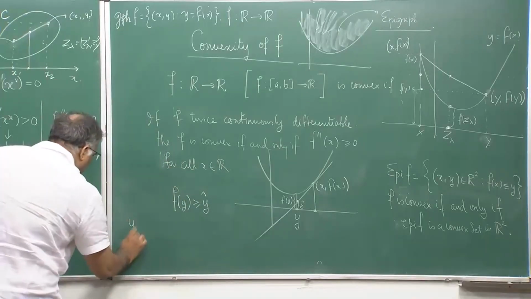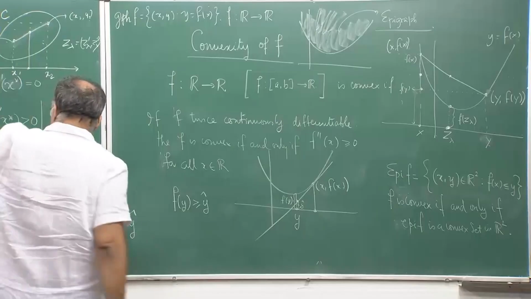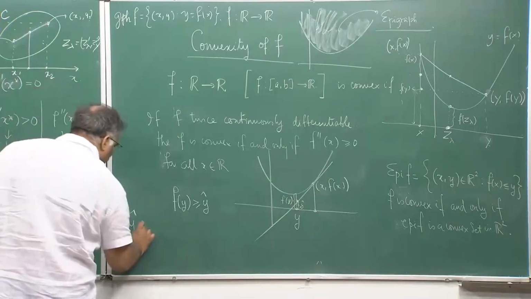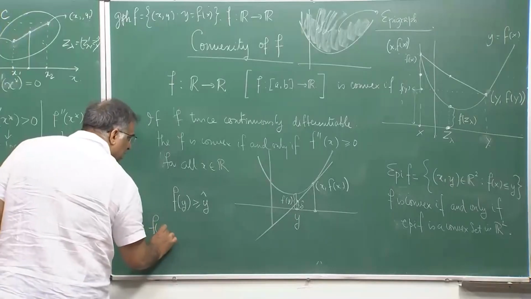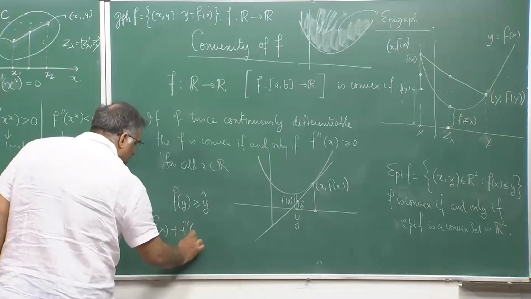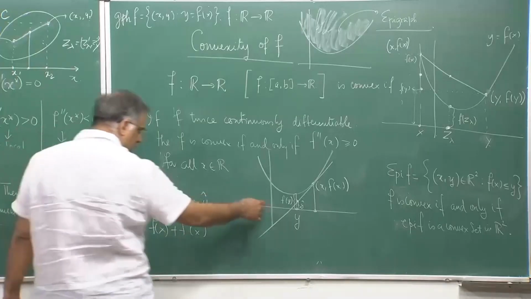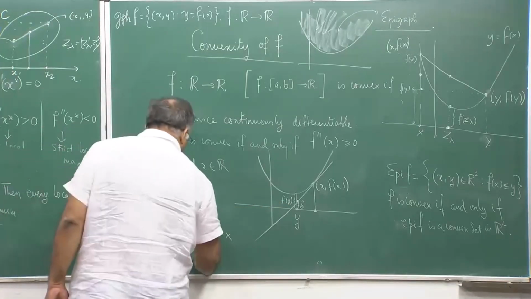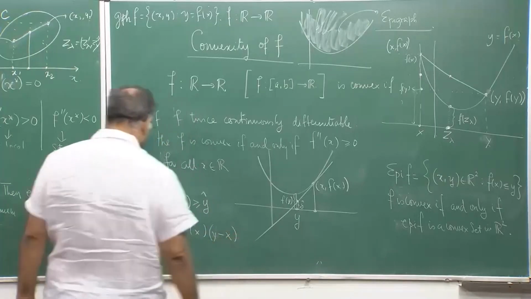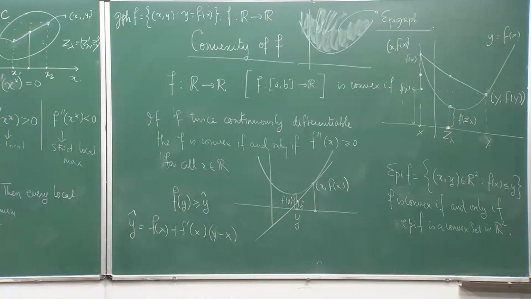You know that y hat, we have already found the equation of the tangent line in the previous lecture, is nothing but f of x plus f dash x, which is the slope of this tangent line, into y minus x. This is exactly y hat.